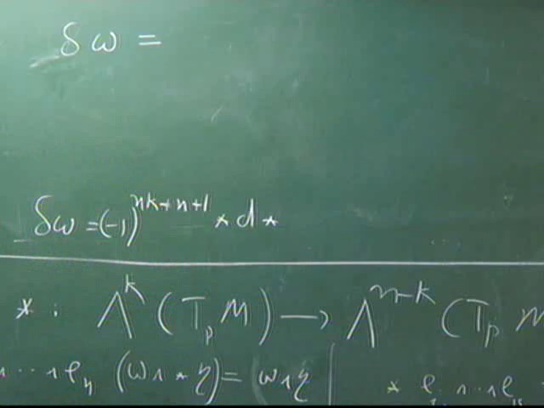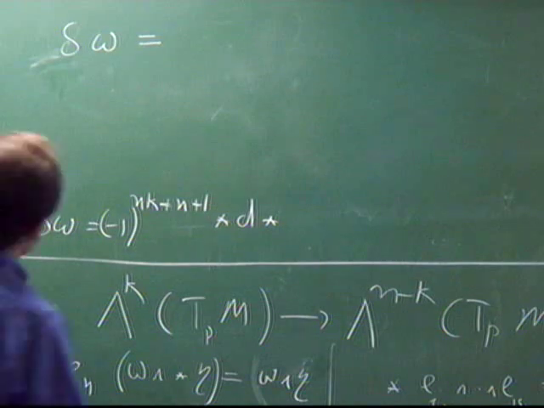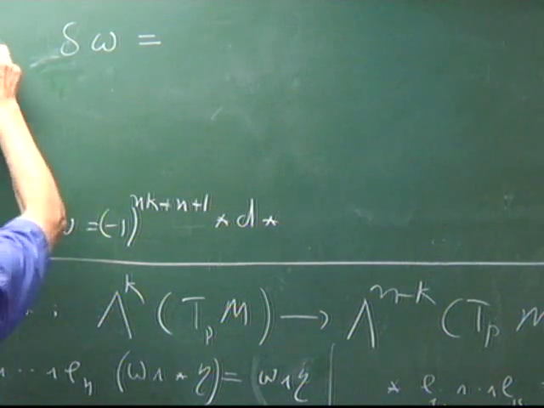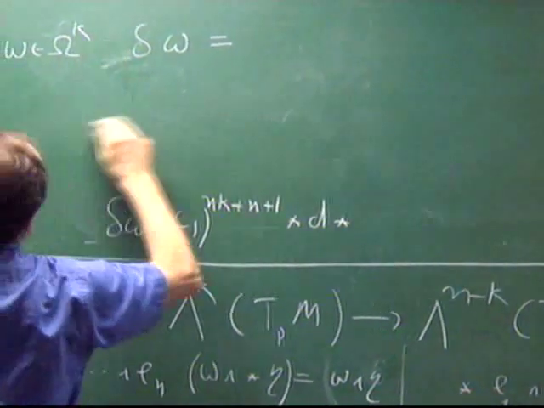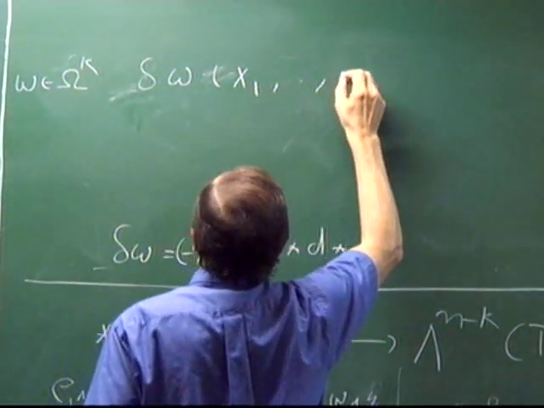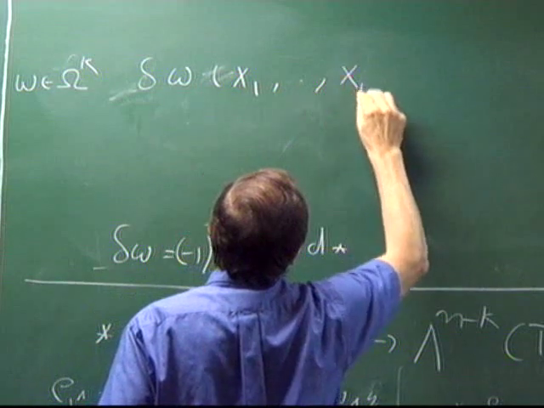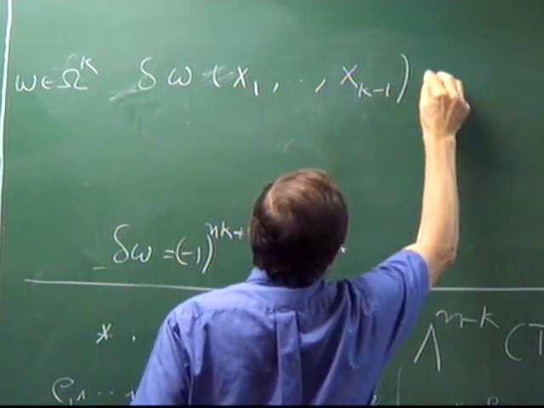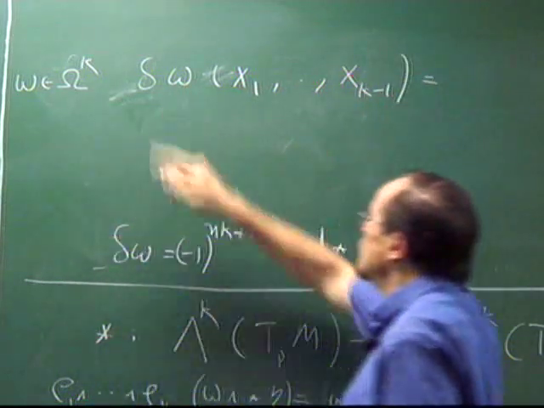So it has a covariant derivative. So what should it look like? Let's say omega is a K-form. So I have to apply this to K minus 1 vectors, because it's supposed to lower the degree.